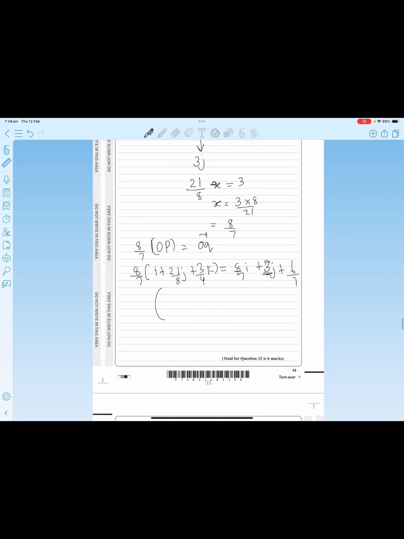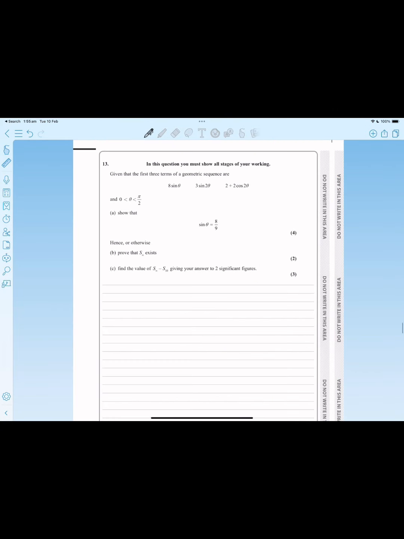So my final answer would be, leaving them as coordinates, 8 over 7, 3, and 6 over 7. And that is my answer for 12b, which was quite tricky. You needed to spot that if it reaches that back face, the j would turn into 3, and then scale from there. Otherwise, a decent question.